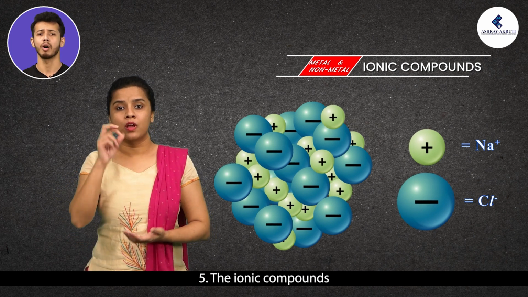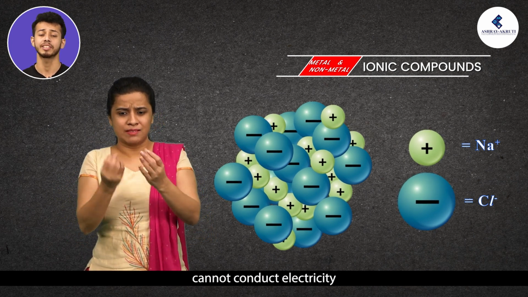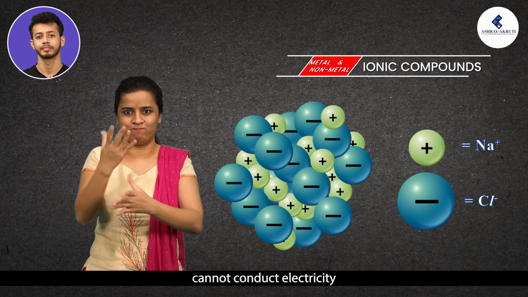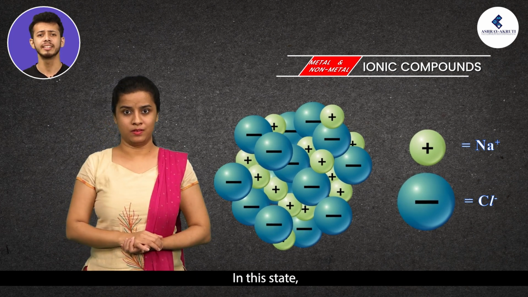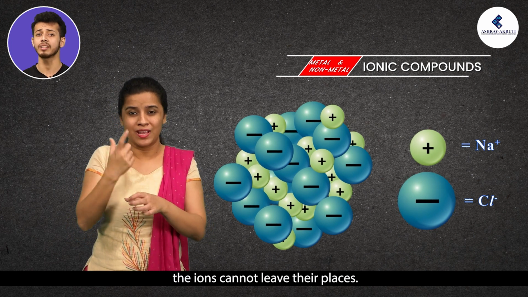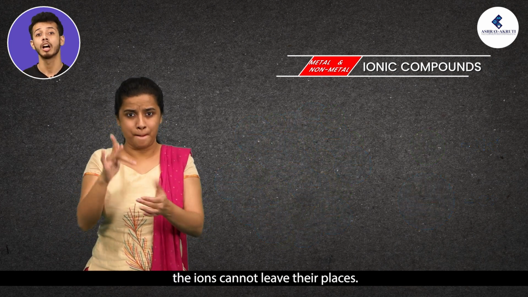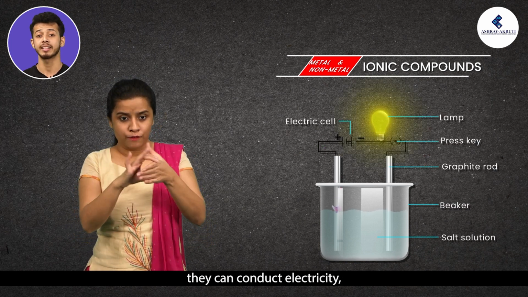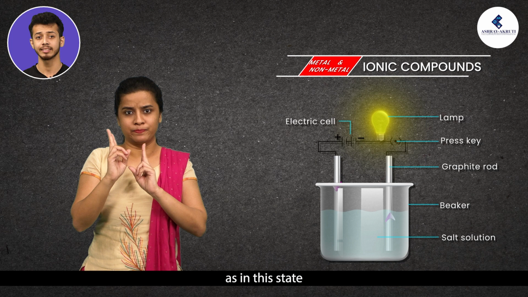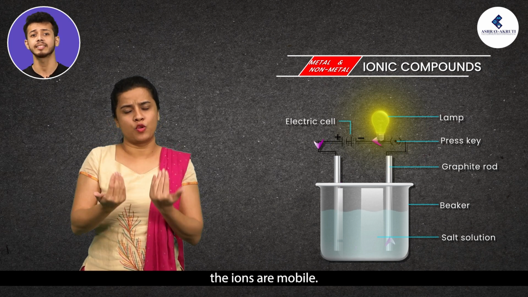The ionic compounds cannot conduct electricity when in solid state. In this state, the ions cannot leave their places. However, in the fused or molten state, they can conduct electricity, as in this state, the ions are mobile.